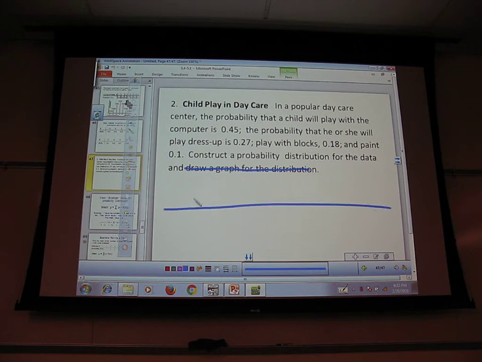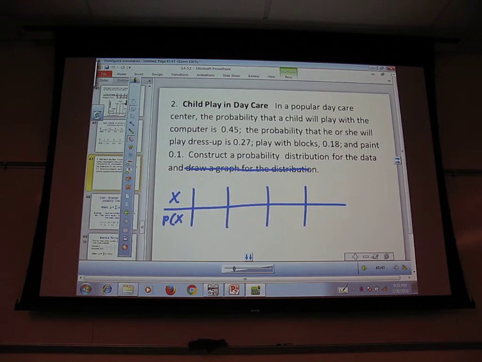So, it should be like this. Should have x and probability of x. So list out your possible outcomes. What could possibly happen? Child could what? Play with the computer. What's that probability? What else could they do? Dress up. Fill in the rest of it.